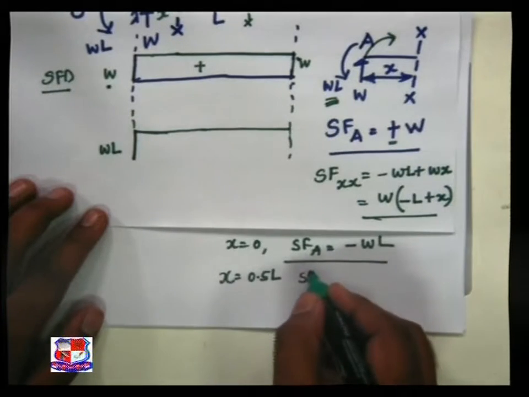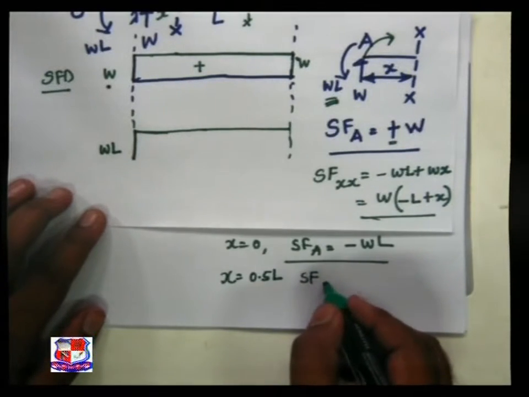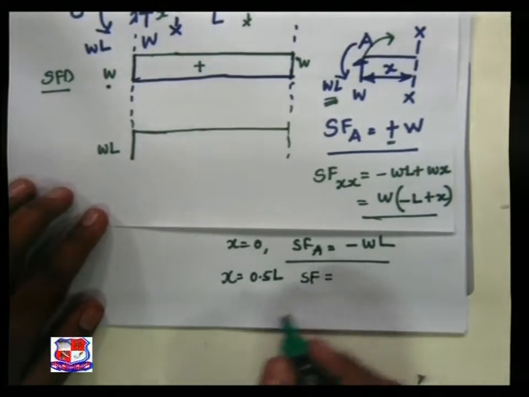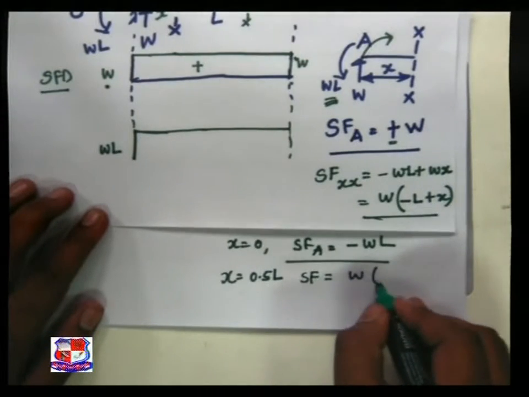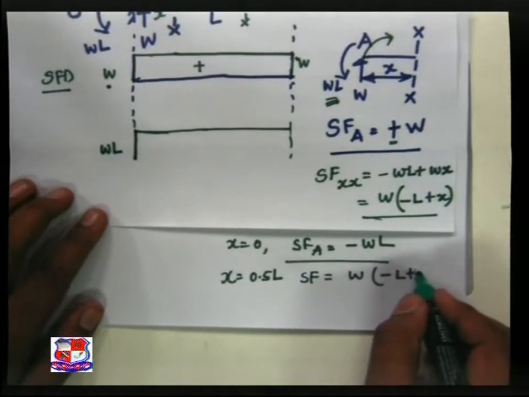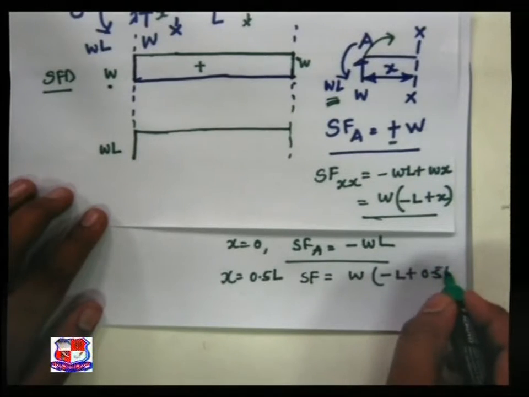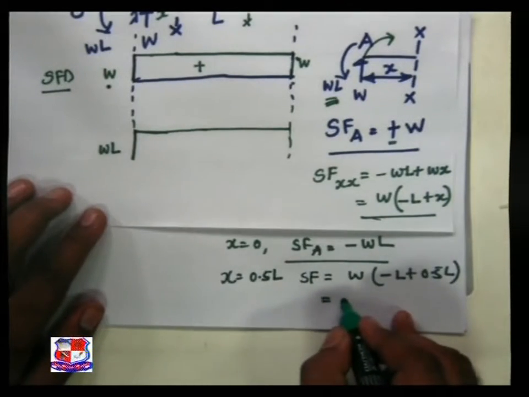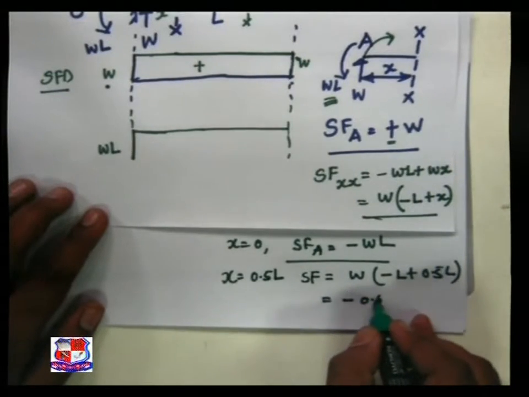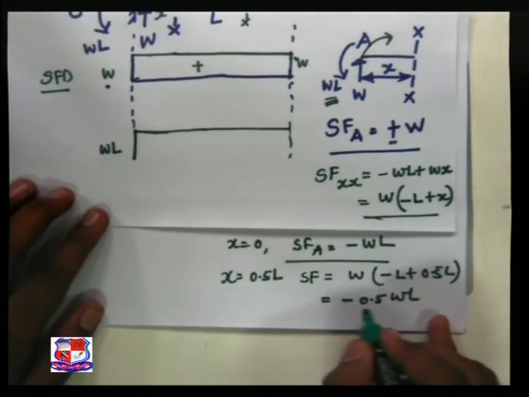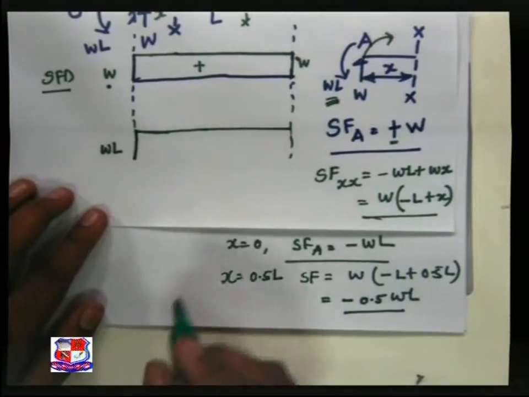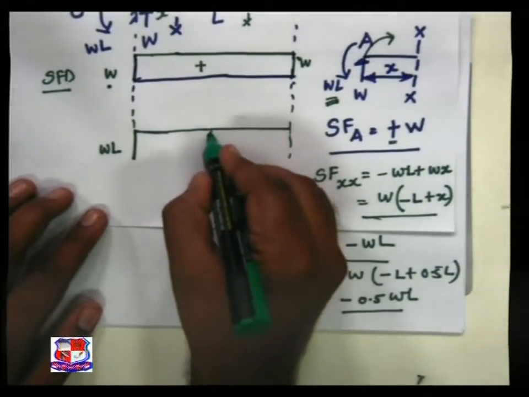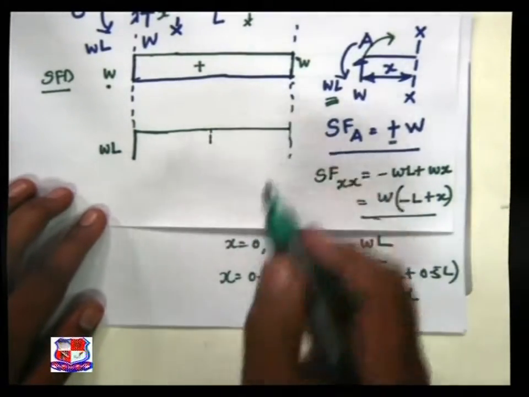Then bending moment at center is equal to W times minus L plus 0.5L, and we achieve minus 0.5 WL.